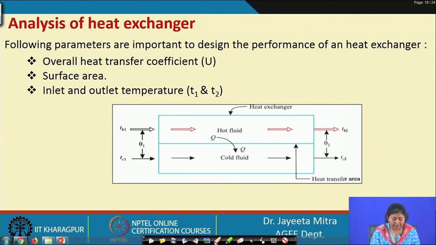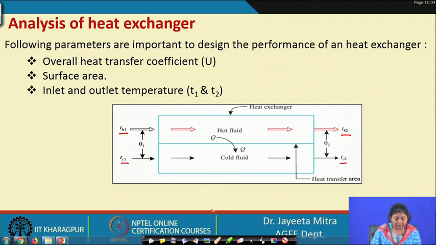That means, for the cold fluid which is our interest, how far we need to increase the temperature from Tc1 to Tc2, and for that what amount of hot water or any hot fluid is needed, and at what temperature.